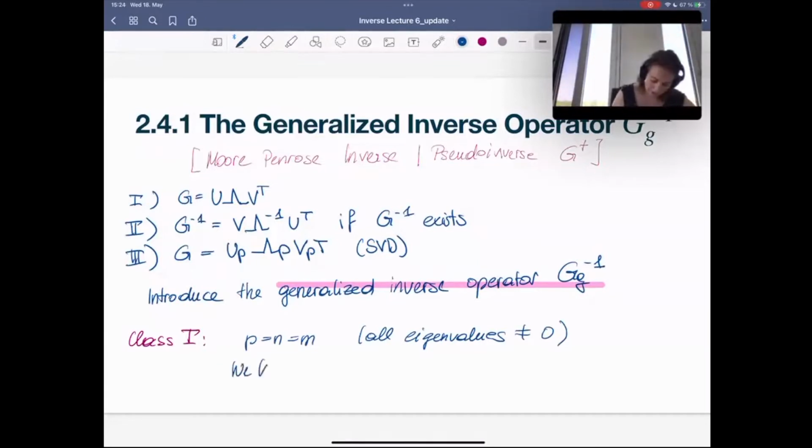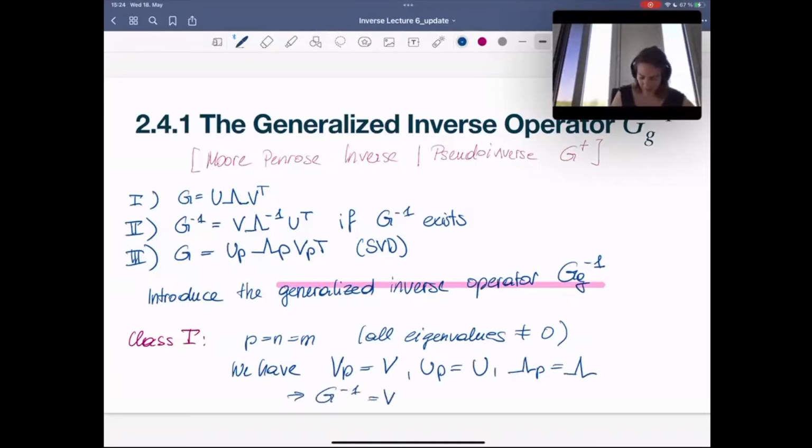So we have Vp equals V, Up equals U, lambda p equals lambda. So this is the guy that we just showed. G inverse equals V times lambda to the power of -1 U transpose. So we are all set.